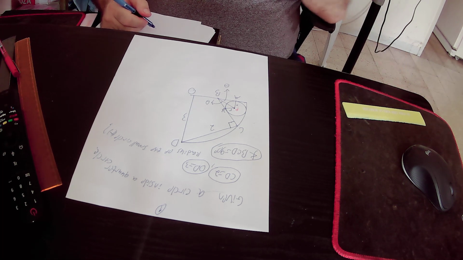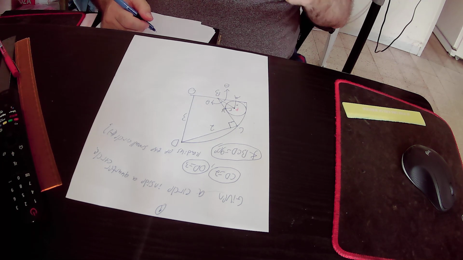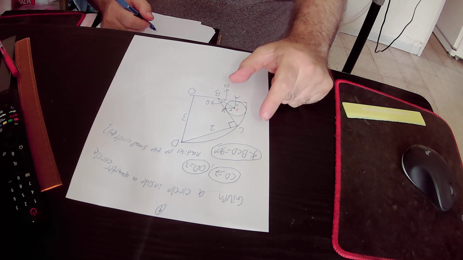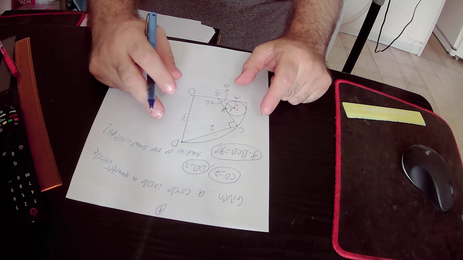Okay, so in the next step we will extend CB and OD until they intersect.